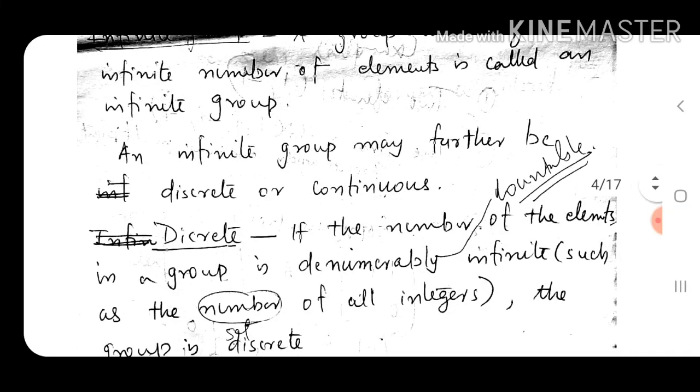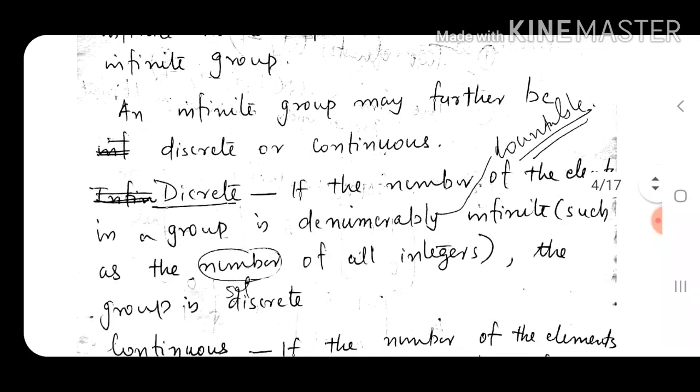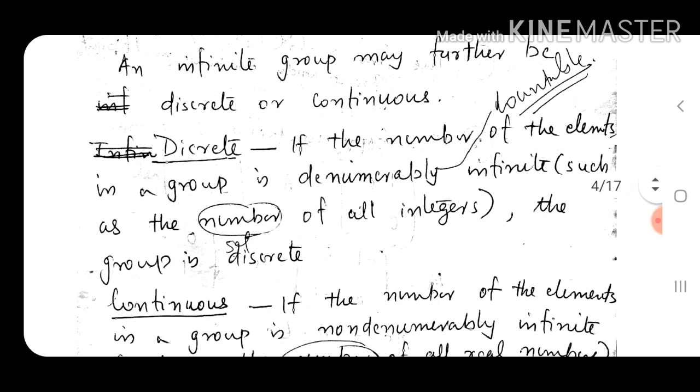An infinite group may be further divided into discrete or continuous. Discrete means the number of elements in the group is denumerably infinite. Okay, this is countable.